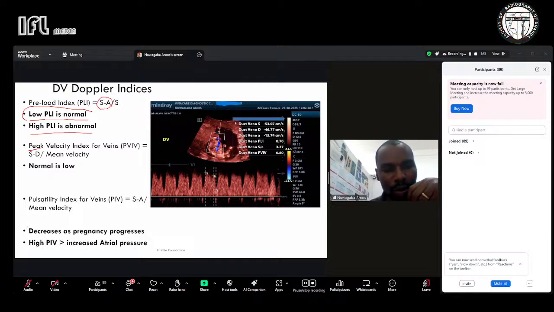And also this should decrease as the pregnancy progresses, because that means that the metabolic demand of the growing fetus is increasing, and it is also demanding more flow towards the heart. And if it is high, that means increased arterial pressure.